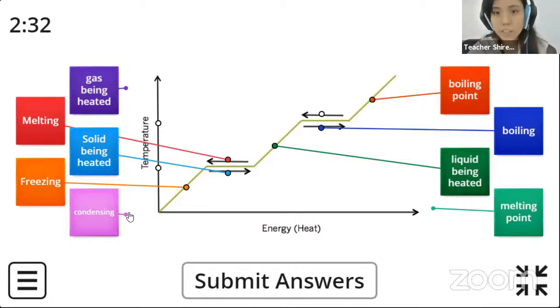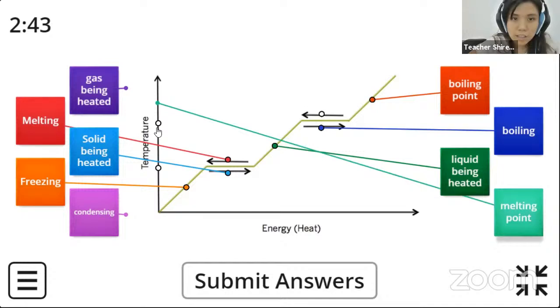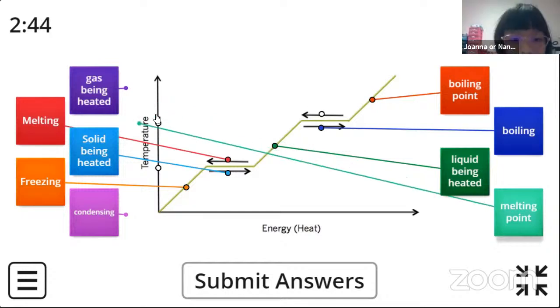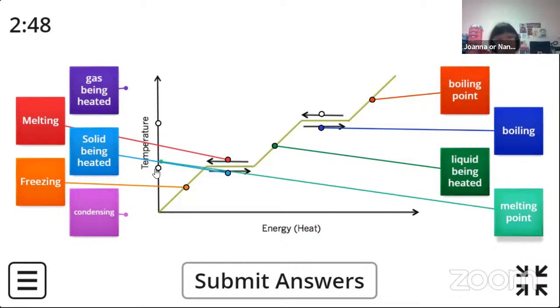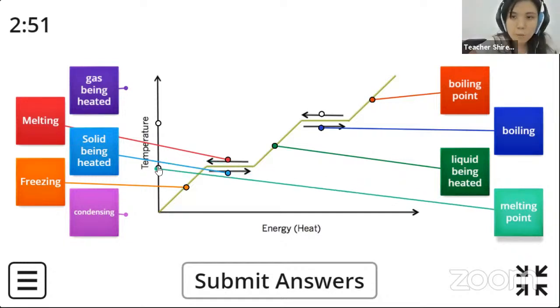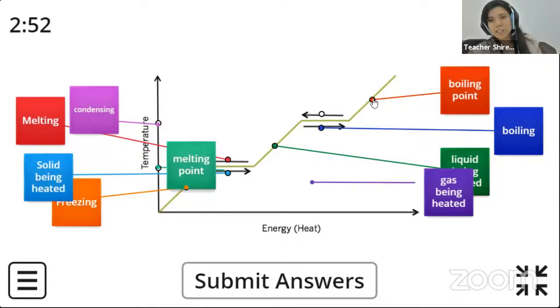Oh, okay, sorry. I see two more things now. The temperature, sorry. That's right, bottom. Melting point is 0, so it's on the bottom. Yes. Boiling point is the top ones. Right.